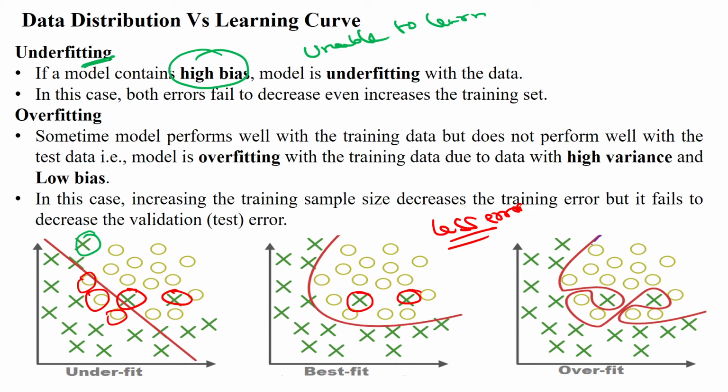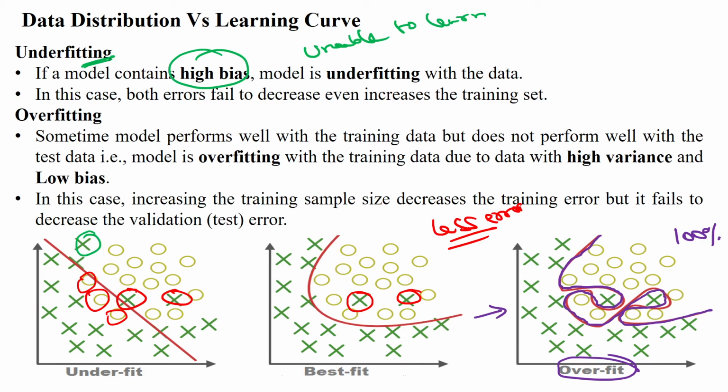Look at this line, it is perfectly classifying all the samples during training. So it is learning 100 percent of the patterns of the input data. This is highly overfitted to the training samples. That is the example of this.